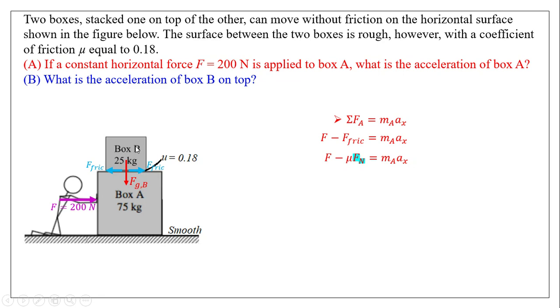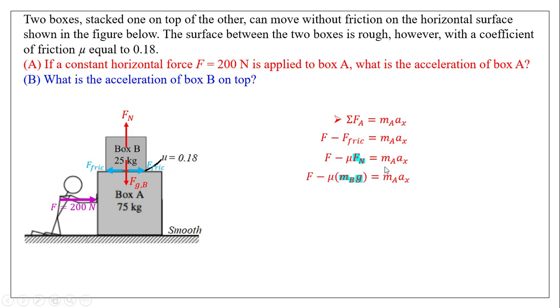However, as box B is pushing down on box A, it generates a counterforce, a contact force from box B, or excuse me, from box A onto B, which we call the normal force. Okay. These two arrows are opposite and equal in magnitude, so therefore we can replace F of n with F of GB because they are equal in magnitude.